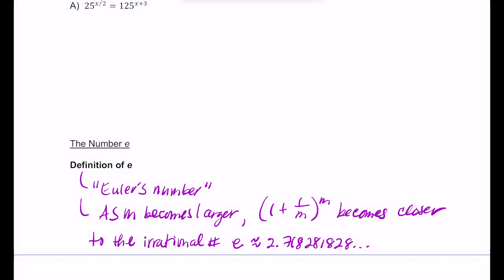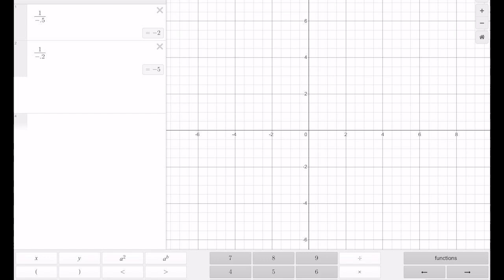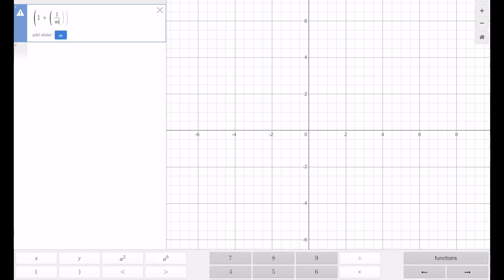And I can show you here, if you go to Desmos, if we were to type in here 1 plus, and then I've got 1 divided by, we'll use m, and then it's to the m power.